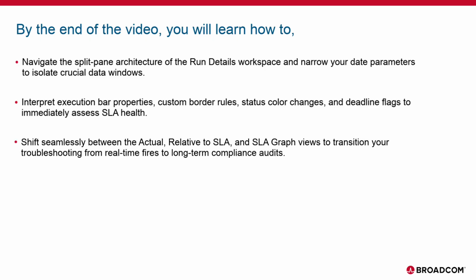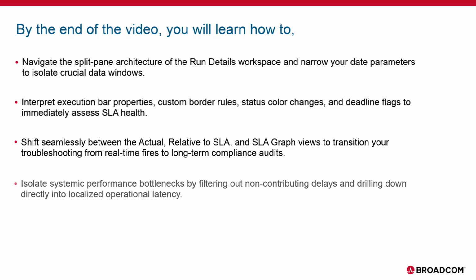Shift seamlessly between the actual, relative to SLA, and SLA graph views to transition your troubleshooting from real-time fires to long-term compliance audits. Isolate systemic performance bottlenecks by filtering out non-contributing delays and drilling down directly into localized operational latency.